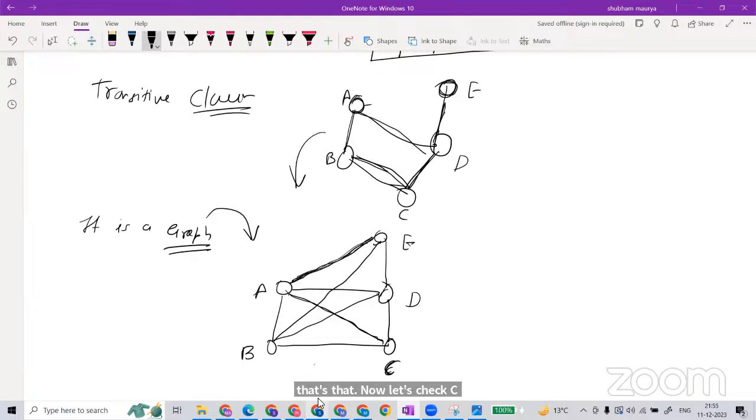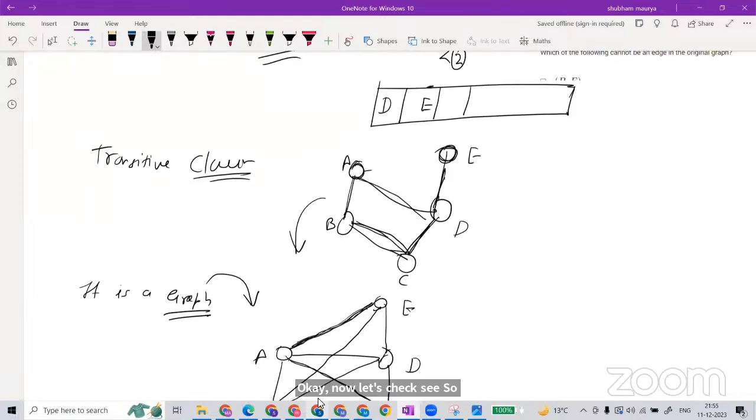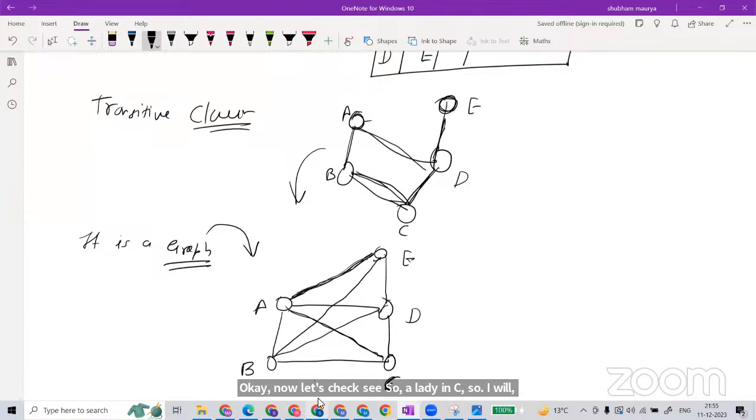Now let's check C. Already A and C: I'm just looking here because this is what we are constructing. There is a path this way and then this way, so that is an edge, which we have already drawn. There is no issue. B and C are already connected.